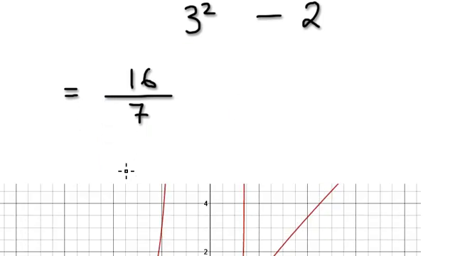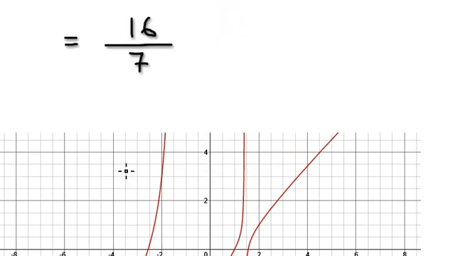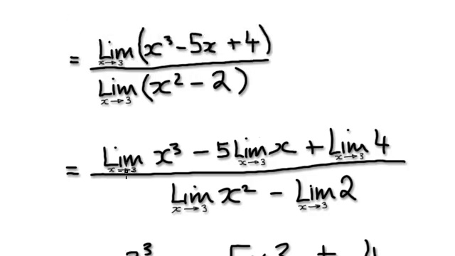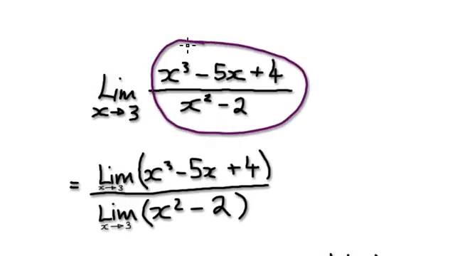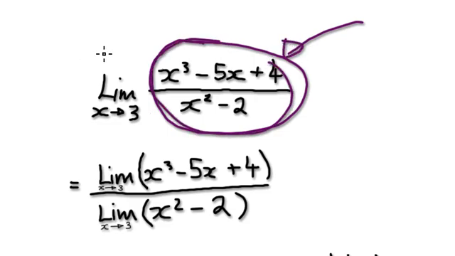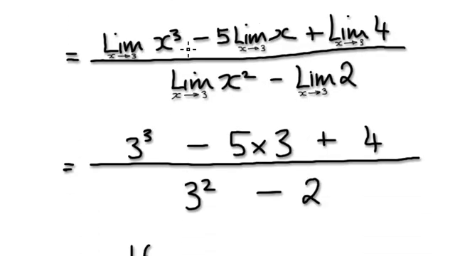If you plot a graph of that function, remember our original function was this. If you get a graph plotter and plot y equals this whole thing, it will give you this graph.